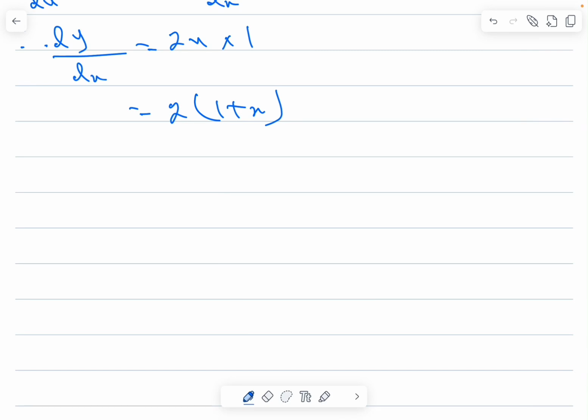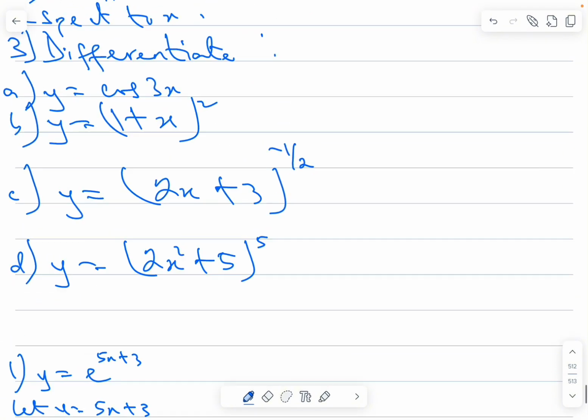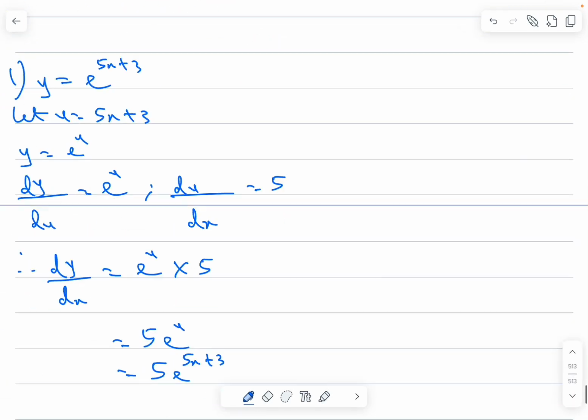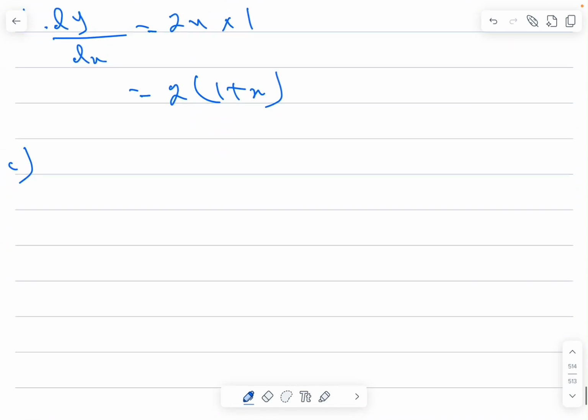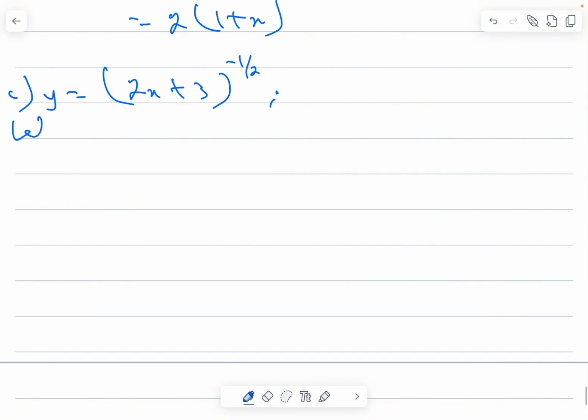And the next one, which is question C, is y equals 2x plus 3 raised to the power of minus half. If y equals 2x plus 3 raised to the power minus half, what is dy/dx? Let u be equal to 2x plus 3.